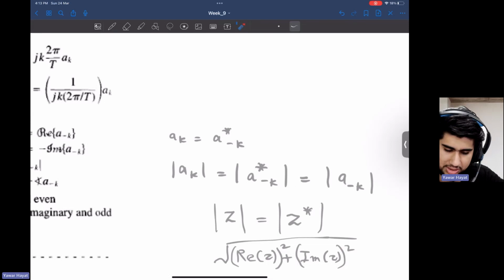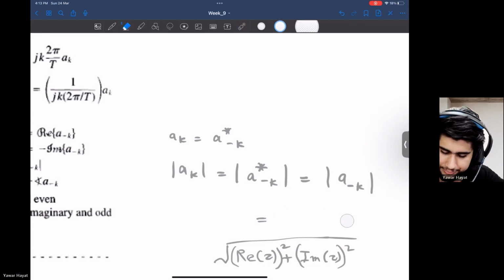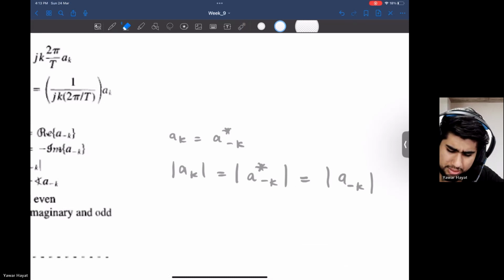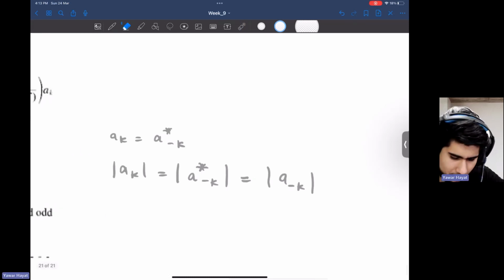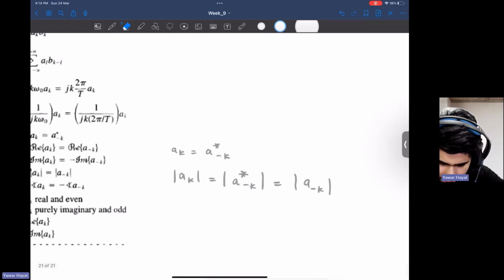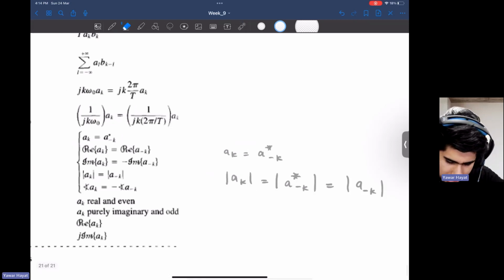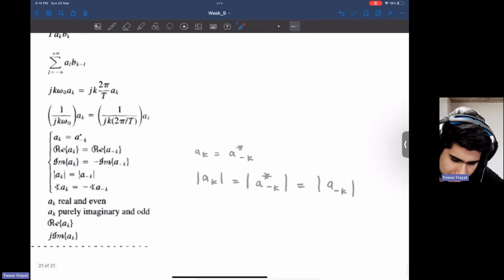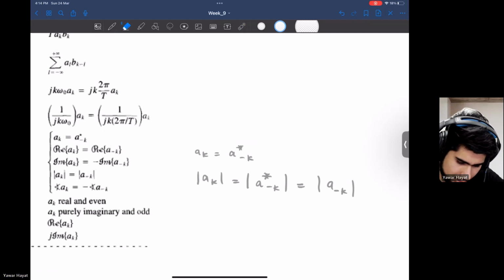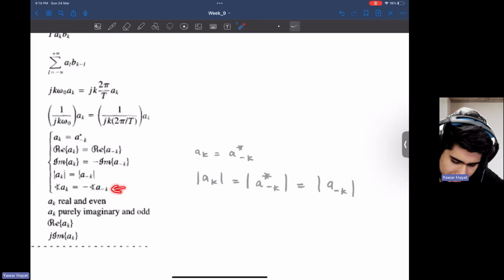So that is why the modulus remains the same. I'm sure you already know this, but still thought I would revise it. So that's how this comes about. You can try this one yourself.